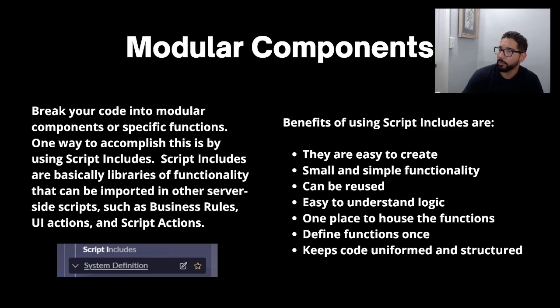So what are some of the benefits? They're easy to create. You can create a script include in a few seconds. You can define small functionalities that can be called from your script without having to define them all the time, right? So it can be reused.